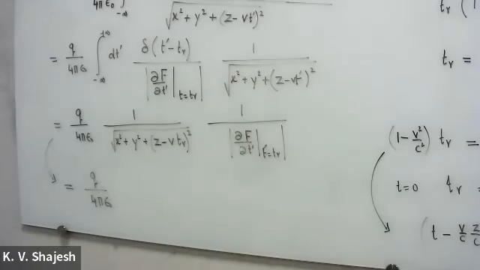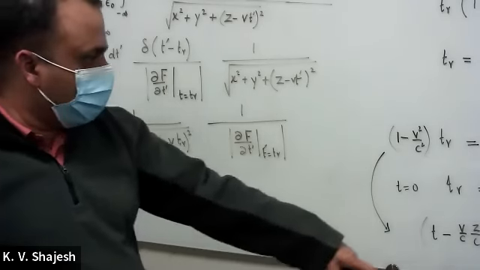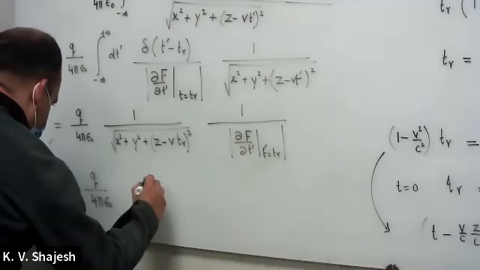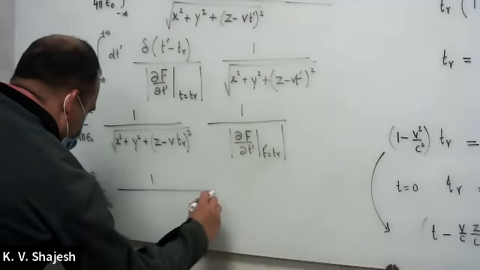Let's make sure I'm doing this right. Why did I get this extra c? You took 1 over c out, right? Yes, 1 over c out. And this one has a denominator 1 over c, so they cancel out. Good, so I was putting it together.